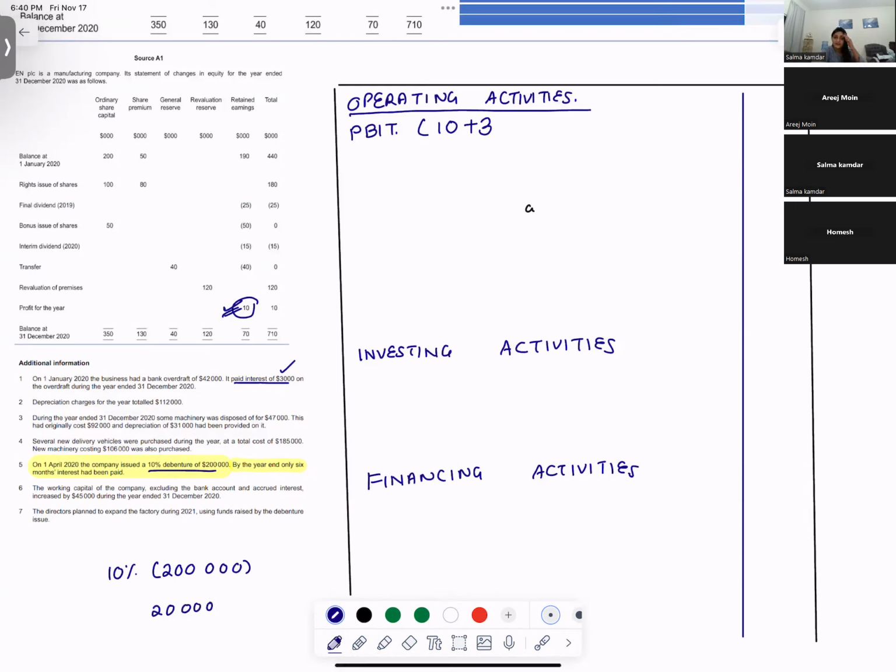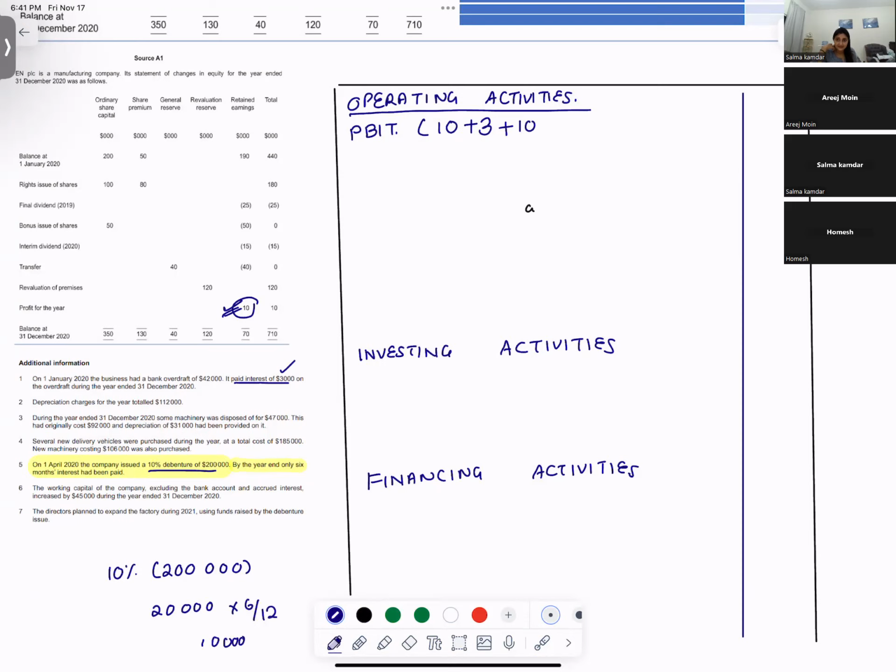By the end of the year, how much interest have you paid? 6 months, so into 6 by 12. So only 10,000. So add interest, add tax, but only which interest will you add? The one that you have paid.